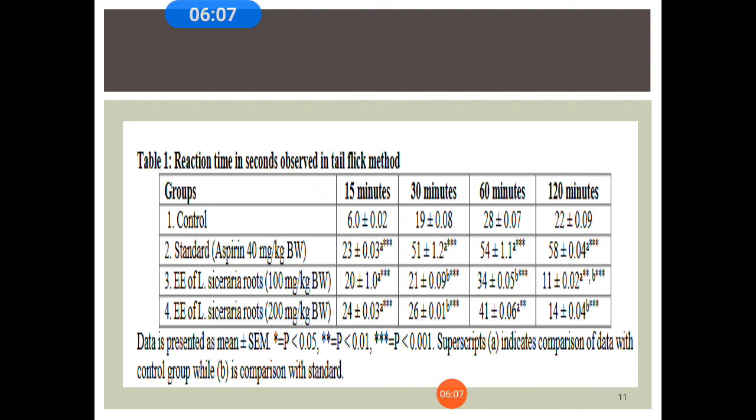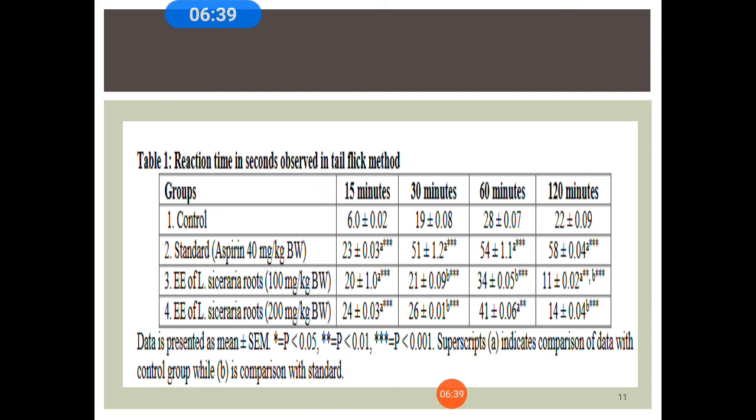Group 4, the extract at 200 mg per kilogram, exhibits a significant increase in reaction time at 15 and 30 minutes in comparison with control. So the analgesic potential of the root extract at 200 mg per kilogram is comparable to aspirin at 15 and 30 minutes. The extract exhibits maximum activity at 60 minutes.